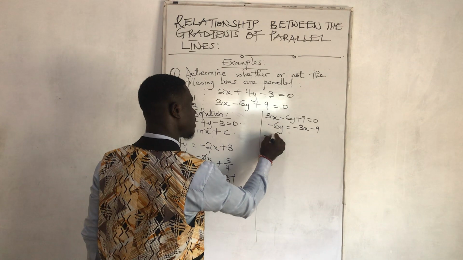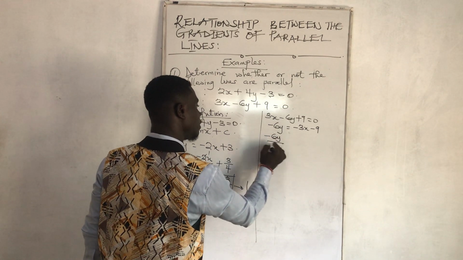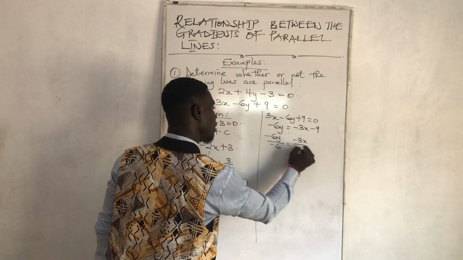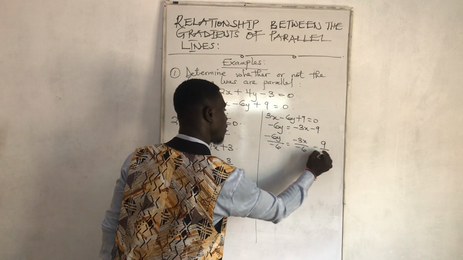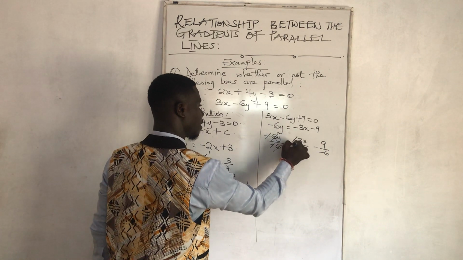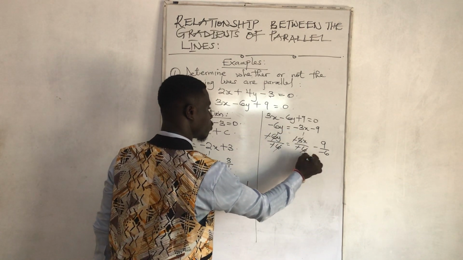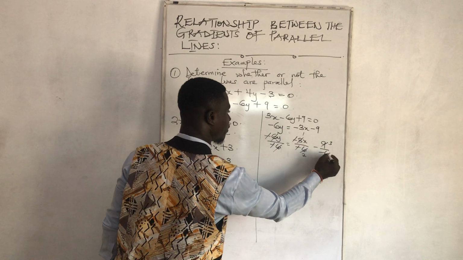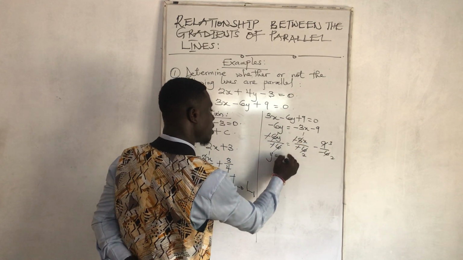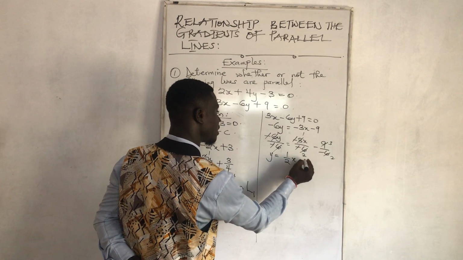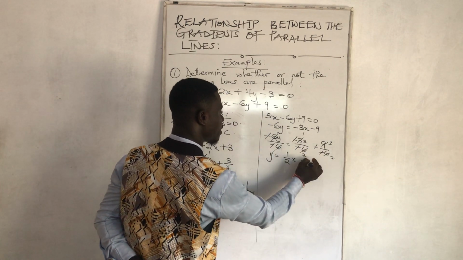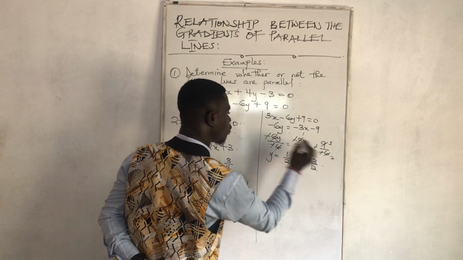So I have negative 6y on negative 6 equals negative 3x on negative 6, then minus 9 on negative 6. The negatives cancel, 3 over 6 gives 1 over 2, and 9 over 6 gives 3 over 2. So I have y equals half x plus 3 on 2.